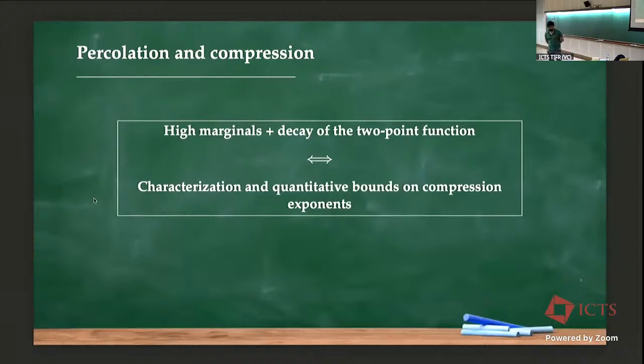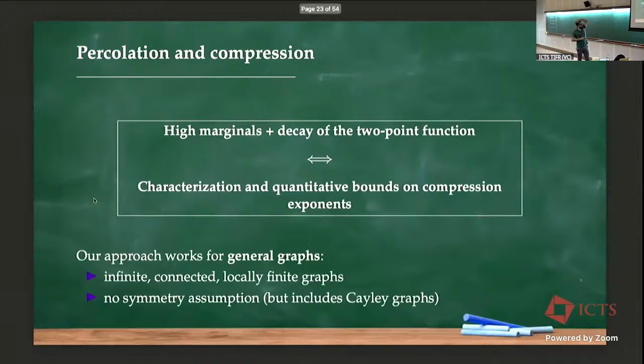So there is a non-empty set of things that satisfy both. And if they do, then they characterize the quantitative bounds of the compression. Again, it works for graphs with no symmetry.